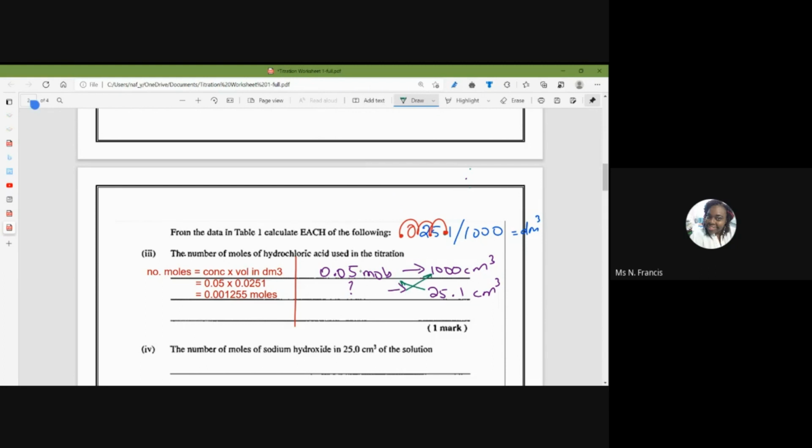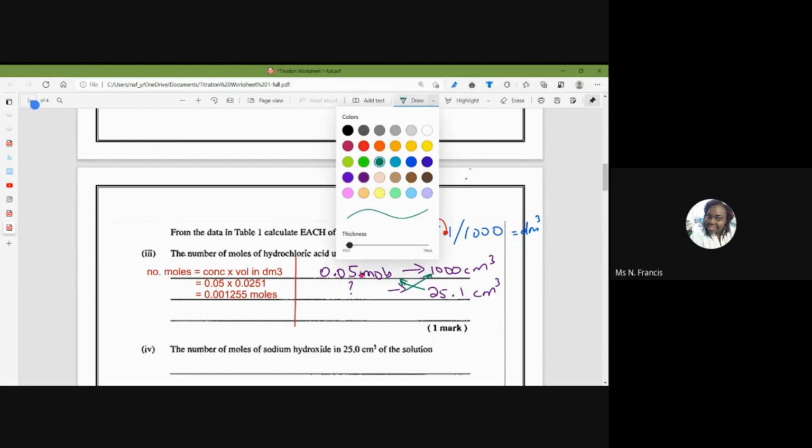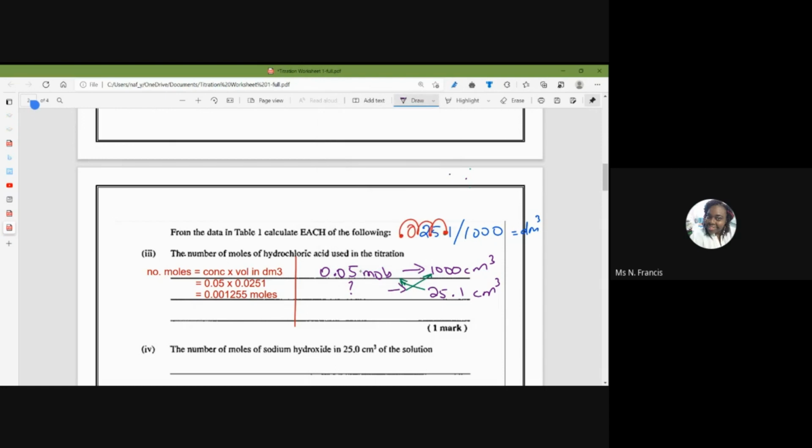We're going to cross multiply. All right, now when we cross multiply, it brings us to our question mark, which is the moles, is equal to 0.05 times 25.1 all over 1000. And you should get the same answer.